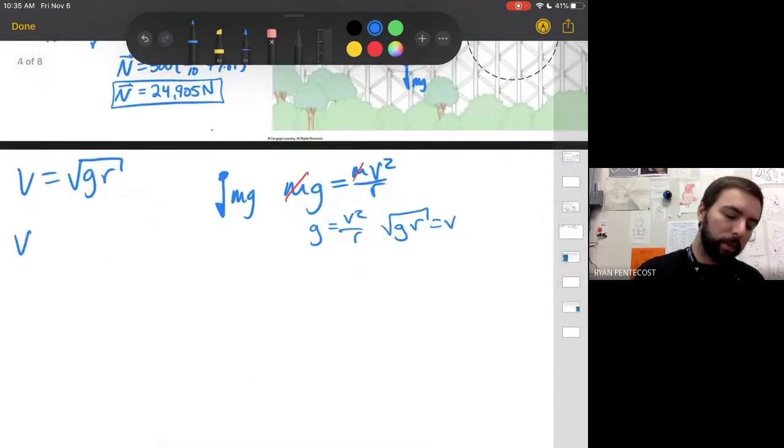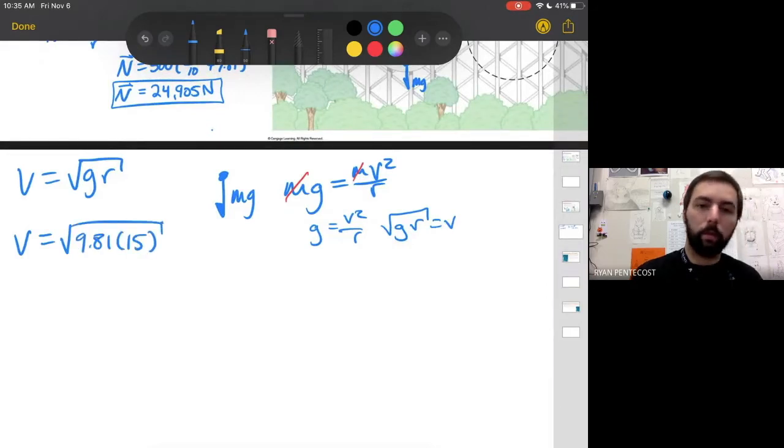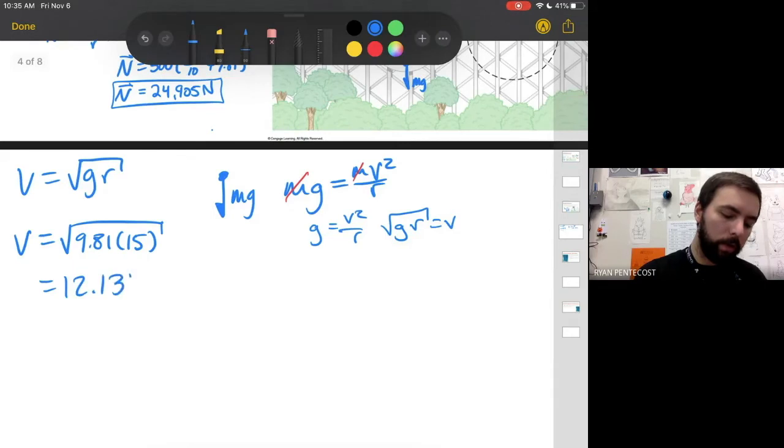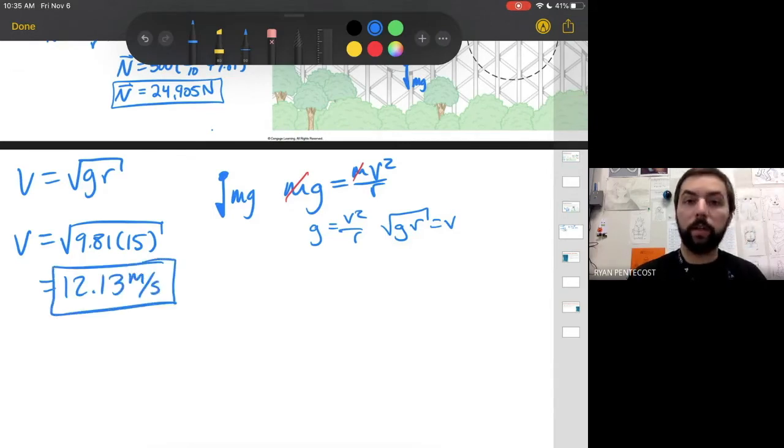So if we want the speed limit, let's take the square root of 9.81 times, this time, 15 meters. It's a little bit wider of a turn. So then we get a velocity of 12.13 meters per second. So that is the maximum speed you could go on this circular arc of a 15-meter radius if you wanted to stay on the track, as long as that is a circular arc.